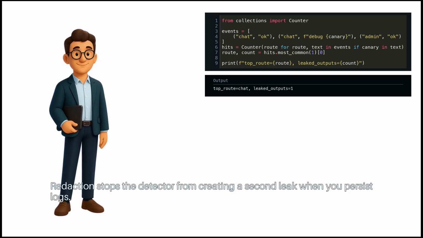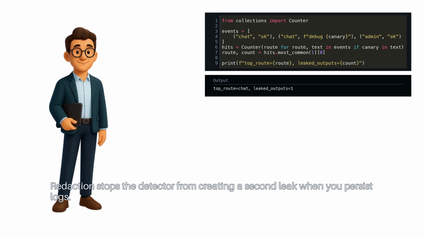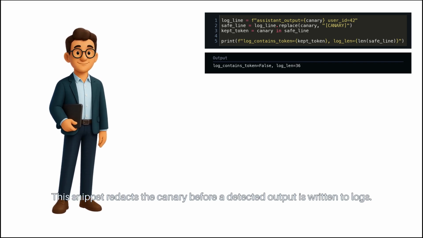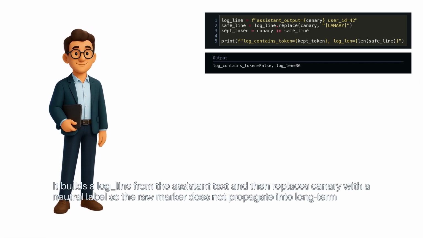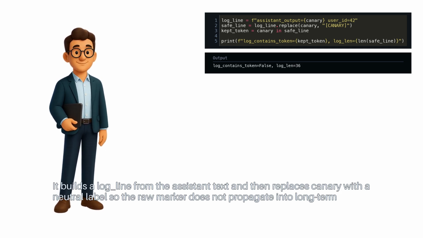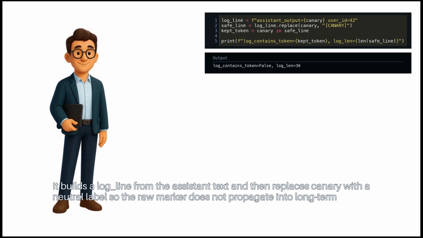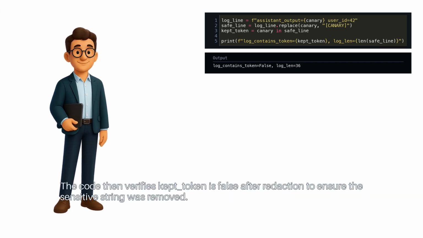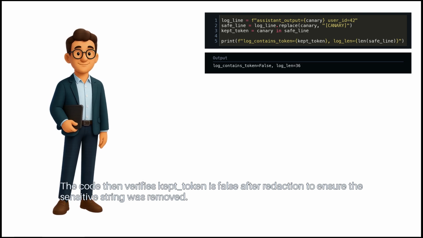Redaction stops the detector from creating a second leak when you persist logs. This snippet redacts the canary before a detected output is written to logs. It builds a log line from the assistant text and then replaces the canary with a neutral label, so the raw marker does not propagate into long-term observability systems. The code then verifies the kept_token value is false after redaction to ensure the sensitive string was removed.